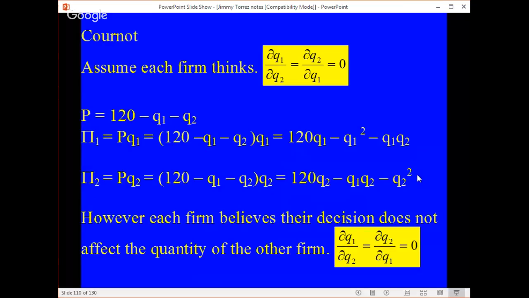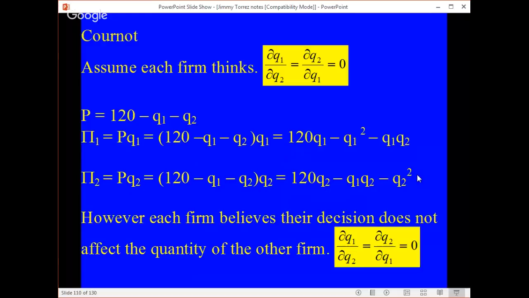Okay. So that's not price leadership, I'm sorry, that's collusion. Back to Cournot with the same assumptions, where each firm thinks that what they do doesn't affect the other firm, or the other firm doesn't react to what they do. So my inverse demand curve is 120 minus Q1 minus Q2. No cost, so my profit is just total revenue.